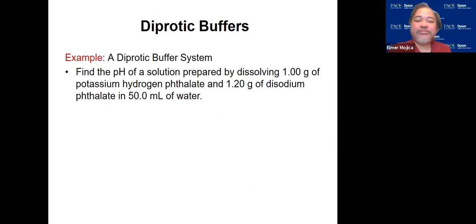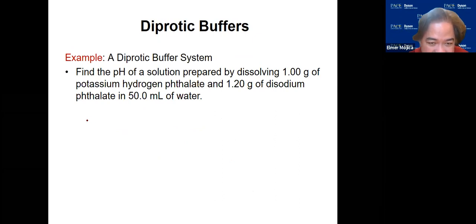So for instance, if we have a problem like this: find the pH of the solution prepared by dissolving 1 gram of potassium hydrogen phthalate and 1.2 gram disodium phthalate in 50 ml. How are we going to solve this problem? This is a diprotic system.